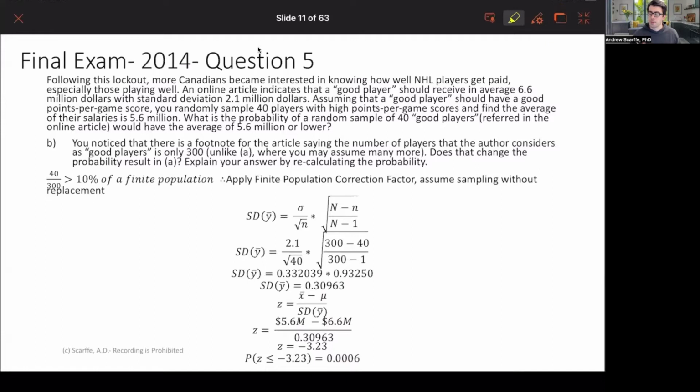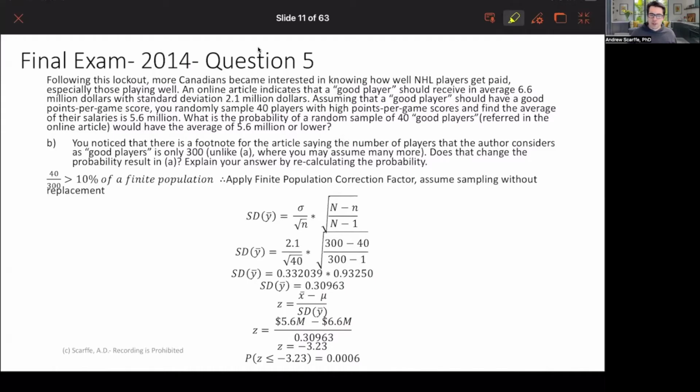Now, most often in survey statistics and the real world, you don't usually have to worry about the 10% condition. It's something that we just check off and say, yeah, it's less than 10% of our population, because usually we're dealing with a survey of Canadians that, even if it was 10,000, would still be less than 10% of the Canadian population.